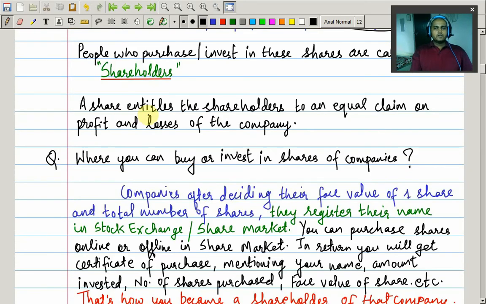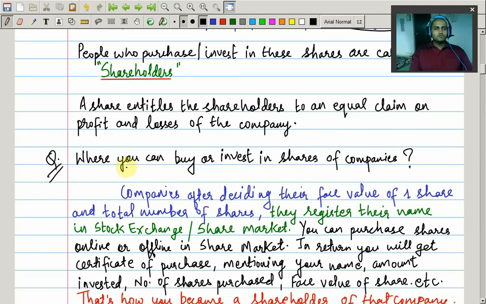A share entitles the shareholder to an equal claim on profit and loss of the company. So it's a proportionate ownership. If the company is in profit, you are also in profit according to the number of shares you are holding. If the company is in loss, you will also be in loss according to the number of shares.